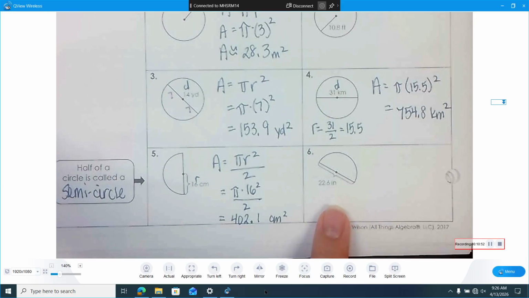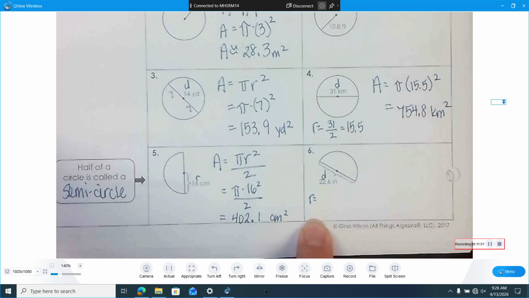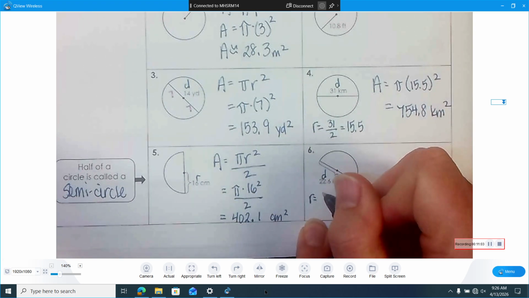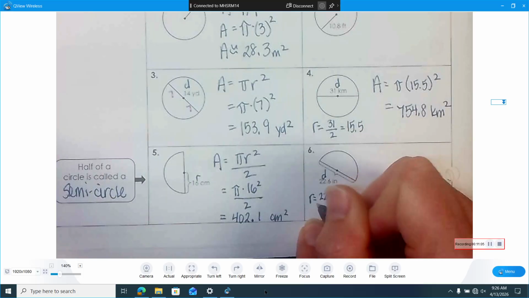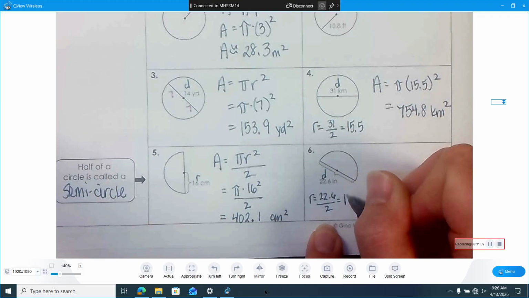All right, on number 6, what is 22.6? Diameter. Very good. How do we figure out the radius? Cut it in half. 22.6 divided by 2, 11.3. Very good.